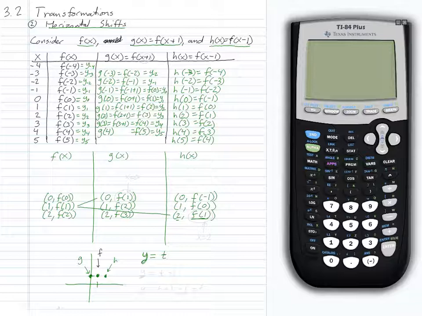When daylight savings time rolls around, we add an hour to our clock. So we push the clock forward, and we actually lose an hour. Our function now would need a smaller t to give us the same time of day. And that's why everybody loses an hour of sleep when we shift our clocks forward.